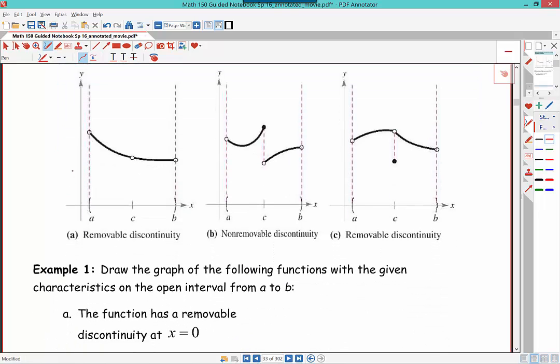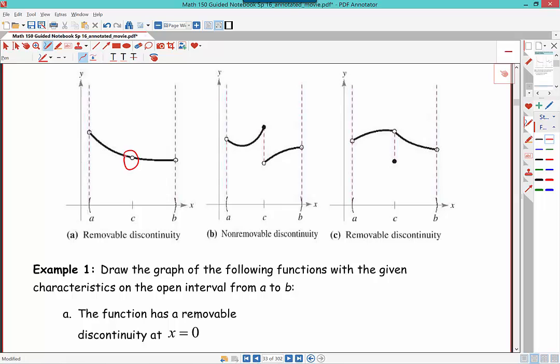So again, if we look at these different types of discontinuities, we've already established that in each of these cases, the function that's given is not continuous at x equal to c. If it's a single ordered pair, like in the first example, this would be considered a removable discontinuity.